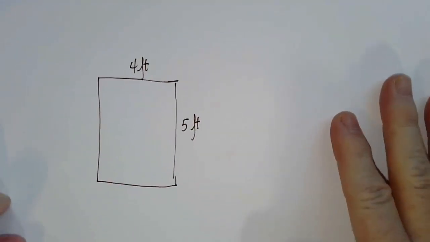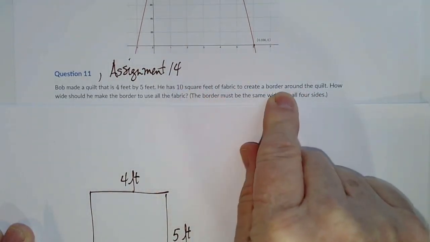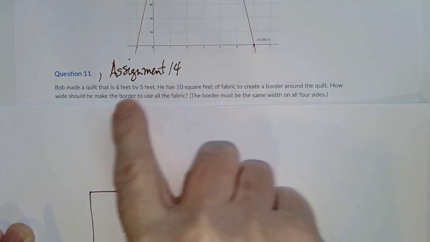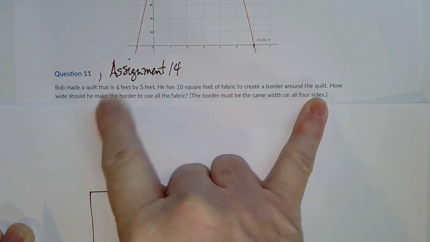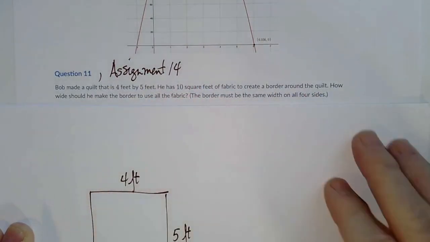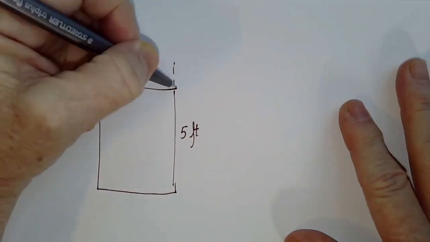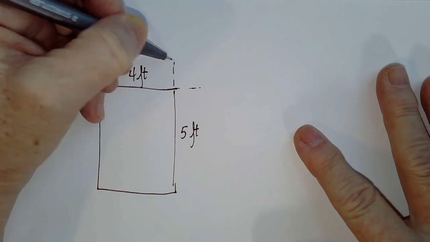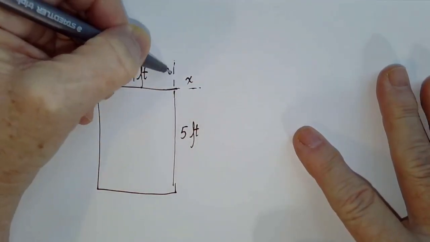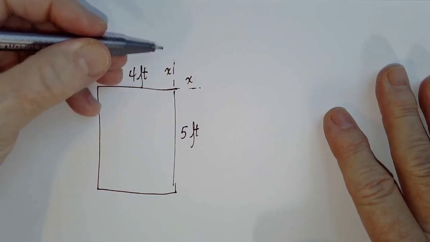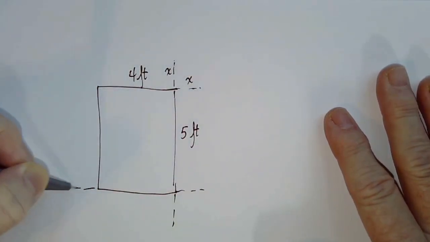And what we want to do is put a border all the way around so that the width of the border is the same all the time and uses 10 square feet of fabric. But it's kind of hard to visualize that, but once you draw it, it's easier. So I want to go the same distance out above and below, and to the right and to the left.